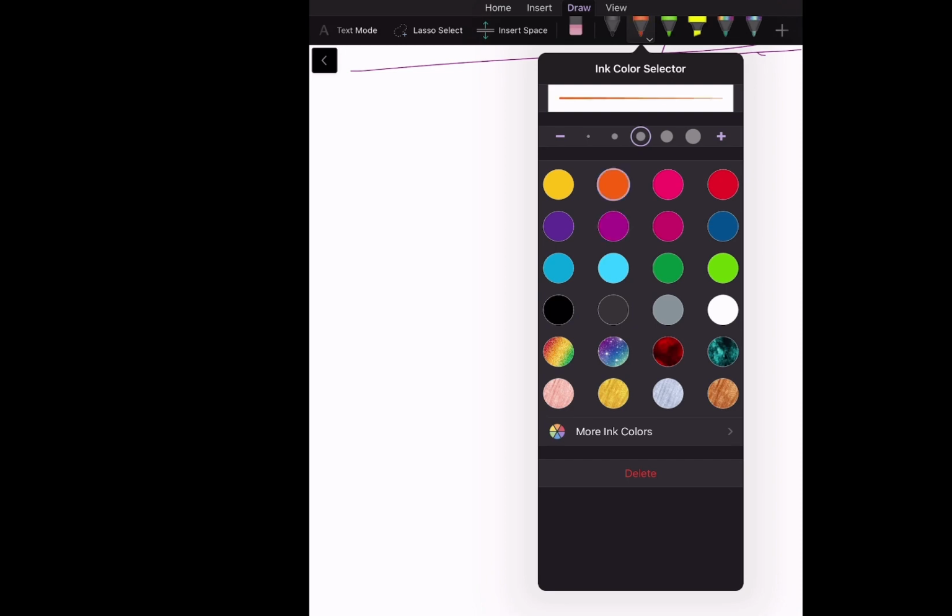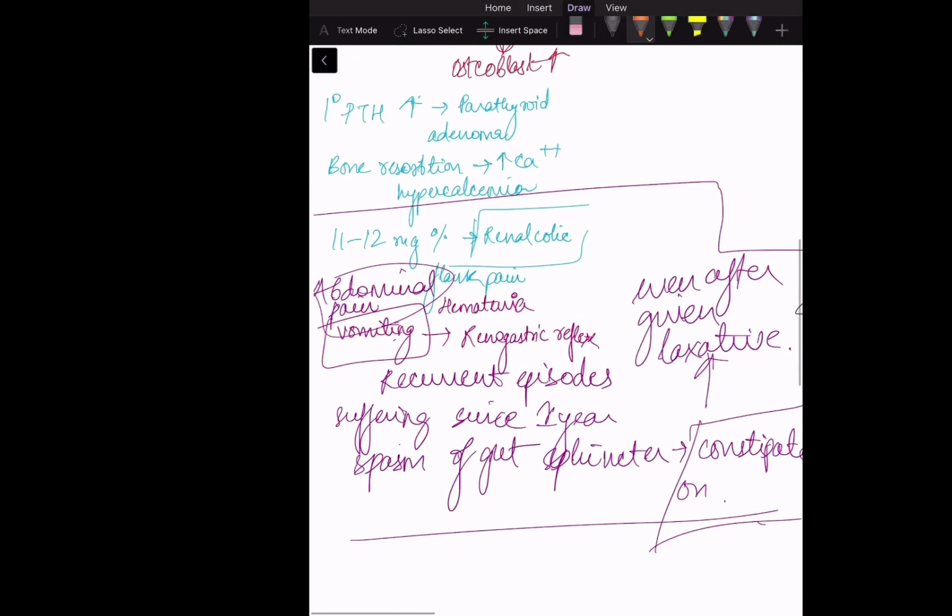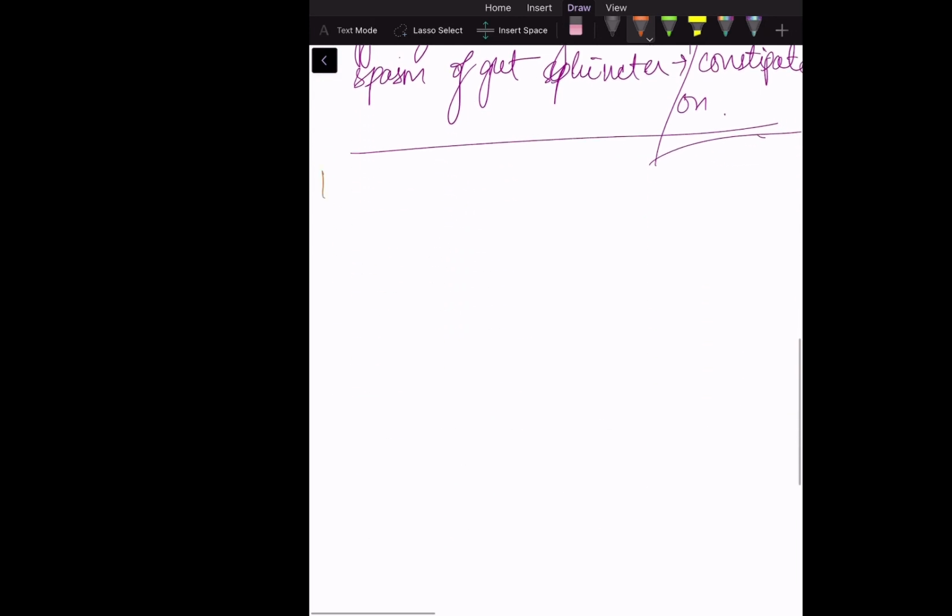Now we're going to another portion. I told you about 11 to 12 mg percent. If it increases a bit more, there will be high calcium deposition.